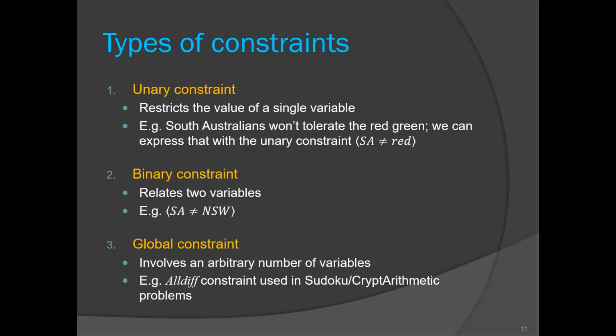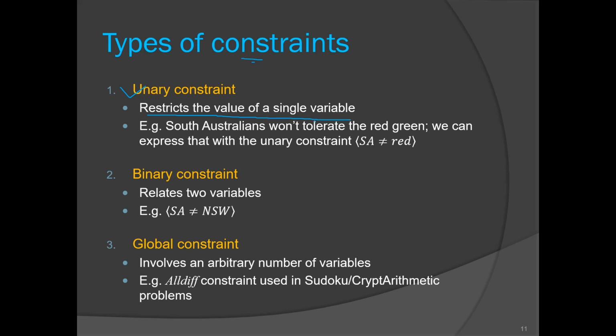Now we'll see various types of constraints. The first type is the unary constraint. When only one variable is involved in the constraint, it is known as a unary constraint. It restricts the value of a single variable.